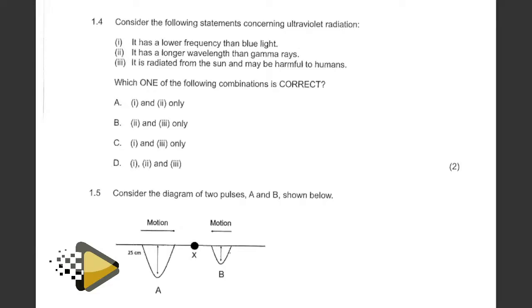So lower frequency than blue light, no. Longer wavelength, that is true, because yes, it has longer wavelength than the gamma rays. And then 3, radiated from the sun, is also true. So 2 and 3.